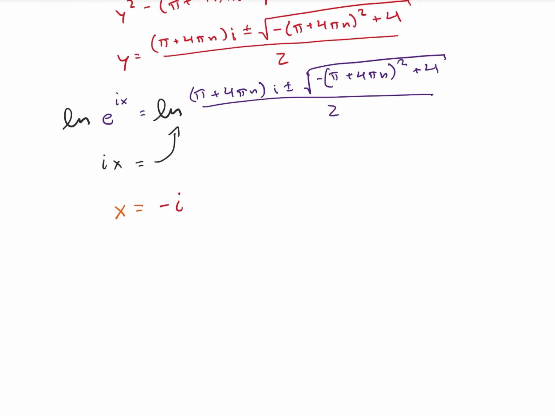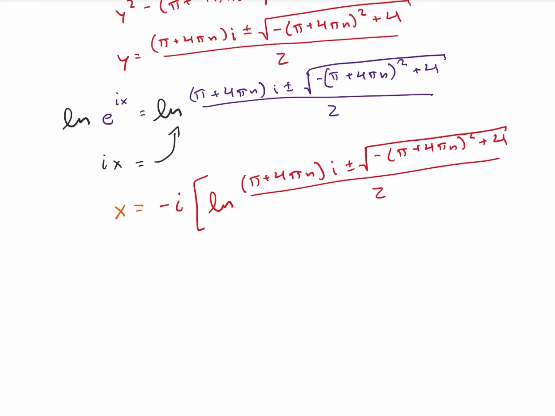So negative i times the natural log of pi plus 4 pi n i plus or minus the square root of negative pi plus 4 pi n squared plus 4, divided by 2.